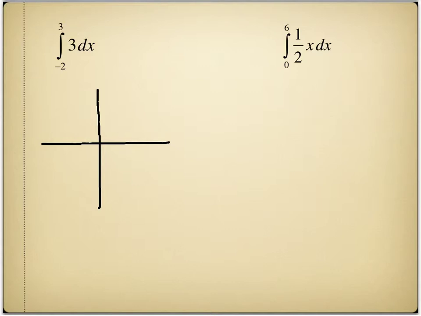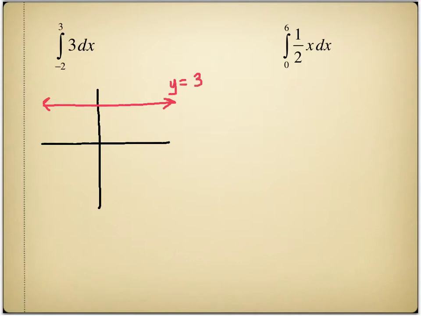First of all, what is the integral of 3 dx? Whatever we have right here, that's the function. So if I have y equals 3, of course that's just going to be a horizontal line at 3, and I'd be graphing that.